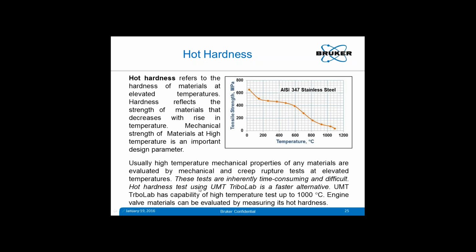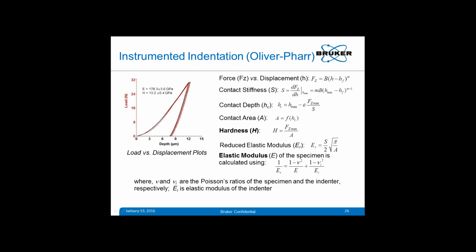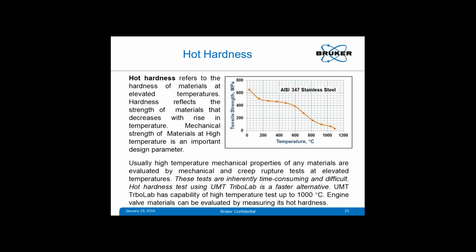So a hot hardness test using the UMT TriboLab could be a faster alternative, and the UMT TriboLab can operate up to 1000 degrees centigrade. Therefore, hot hardness can be measured using the UMT TriboLab up to 1000 degrees Celsius. An engine valve is a candidate material for hot hardness measurement because it is subject to high temperature.